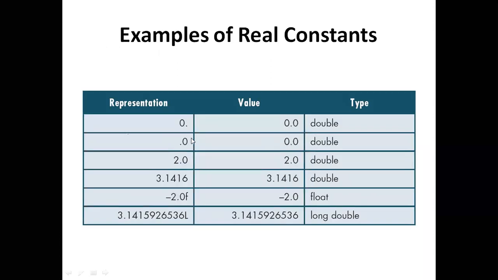And these types of values are called floating point constants. Even though you assign 0.0, it is going to take the value 0.0, and it is of double type.